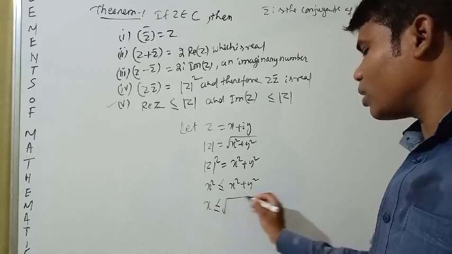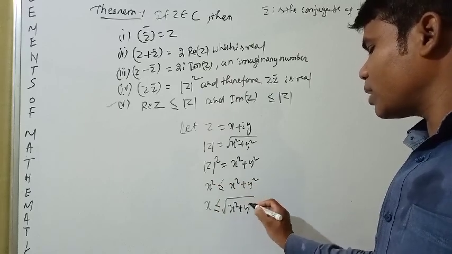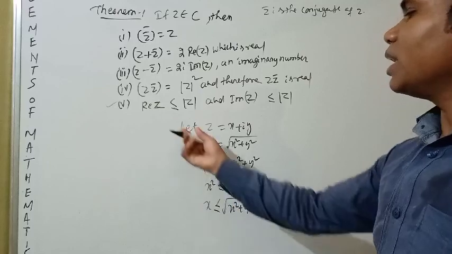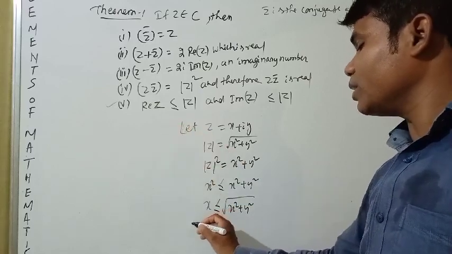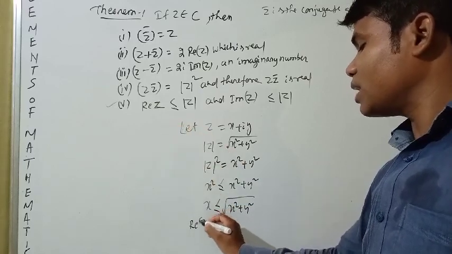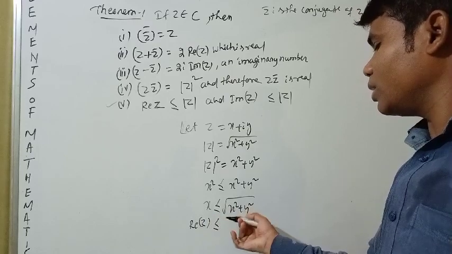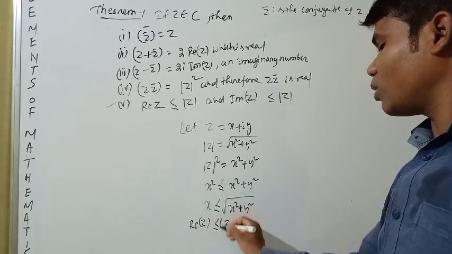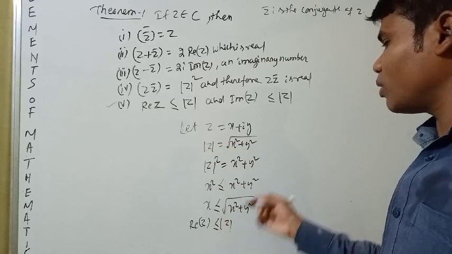X square is from the real part, that is real Z. So X is less than or equal to root over X square plus Y square. X is equal to the real part of Z, so real Z is less than or equal to modulus of Z.